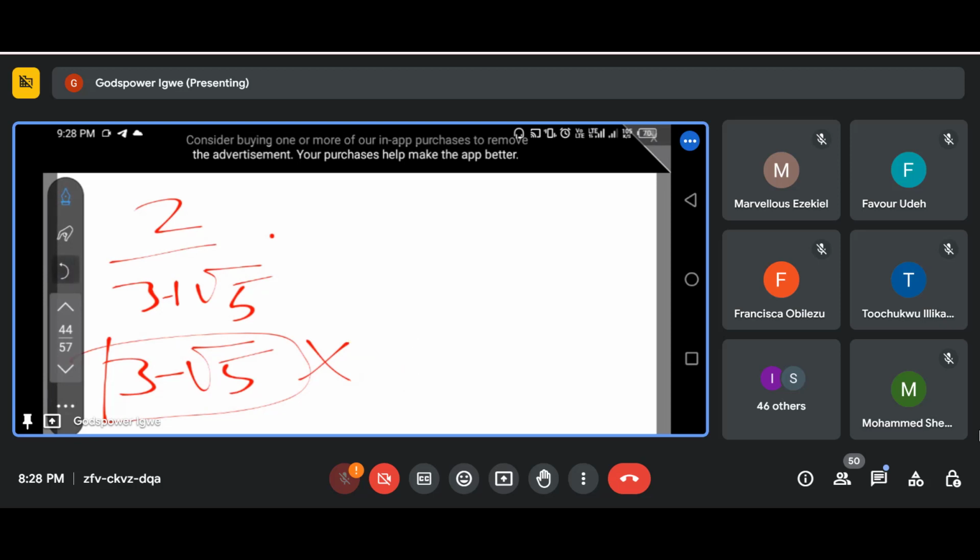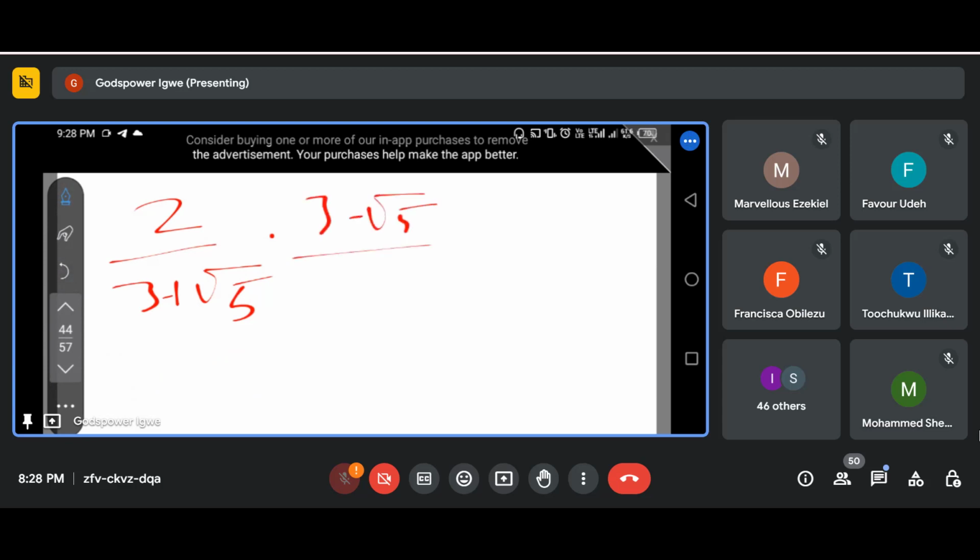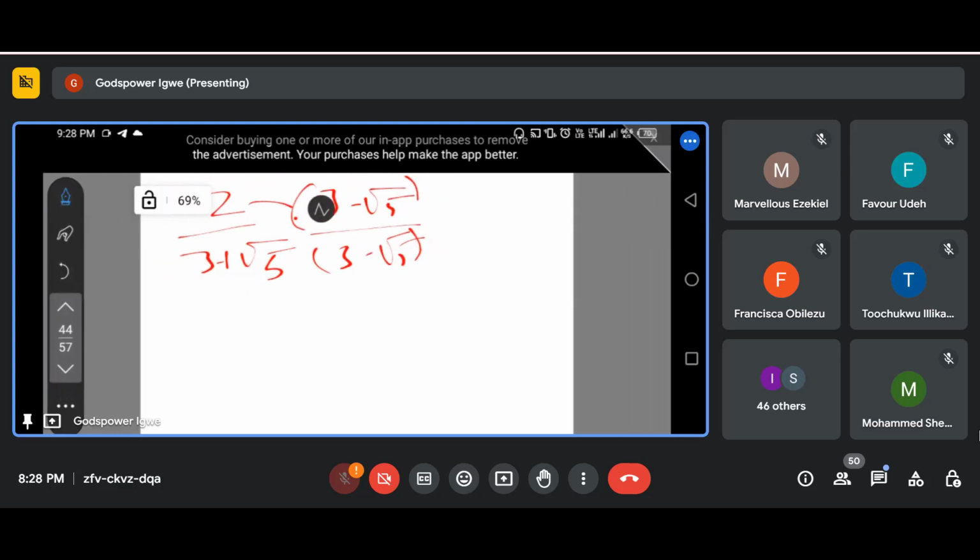So this will be 3 minus root 5 on top and on the bottom. Starting with the numerator: 2 times 3 gives 6, then minus 2 times root 5 gives 2 root 5.